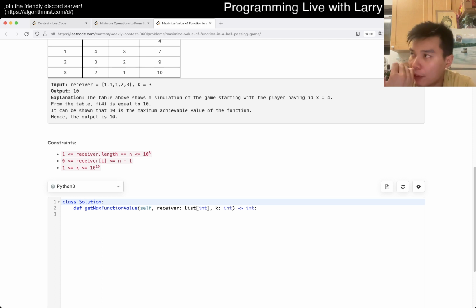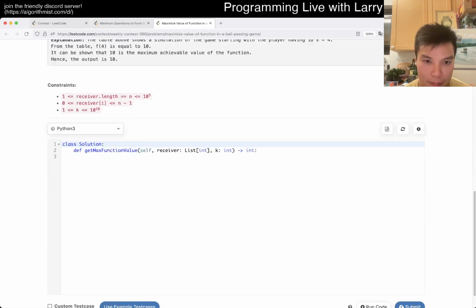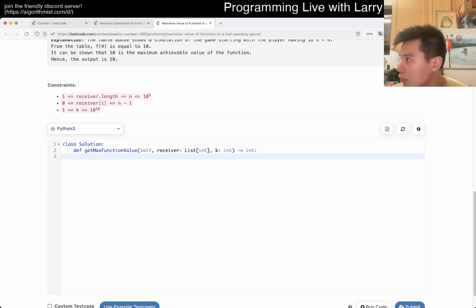I also tend to do binary lifting, I guess, the kind of concept. And yeah, try something like that. Okay, so what does that look like if that's the case? One step.